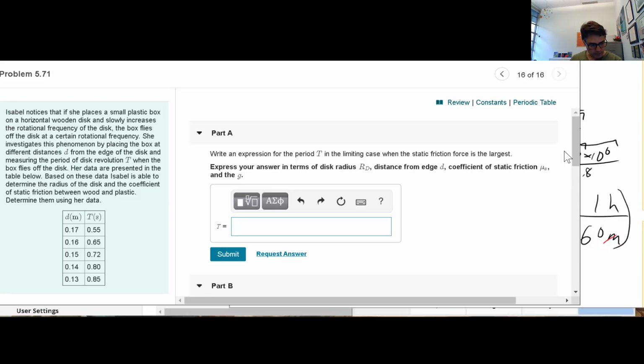That sounds like a friction experiment. Her data are presented in the table below. Based on these data, Isabel is able to determine the radius of the disc and the coefficient of static friction between wood and plastic. Determine them using her data. Write an expression for the period t in the limiting case when the static friction force is the largest.